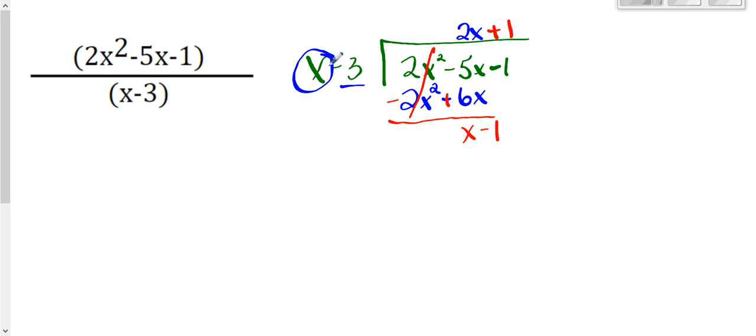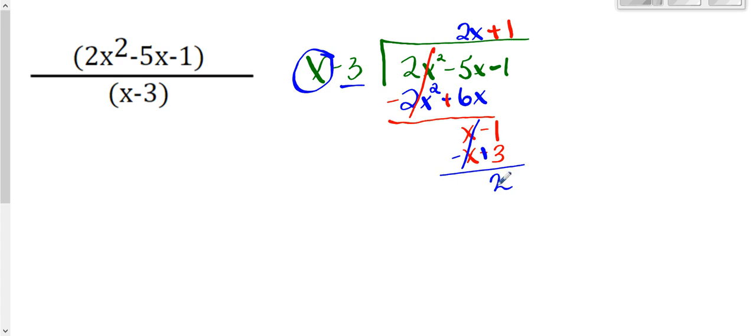So 1 times x is x, and 1 times negative 3 is negative 3. And again, I'm going to subtract all of these. So I'm subtracting x, and I'm subtracting negative 3, so that's like I'm adding it. So these cancel, and now I can combine these together, which gives me positive 2.